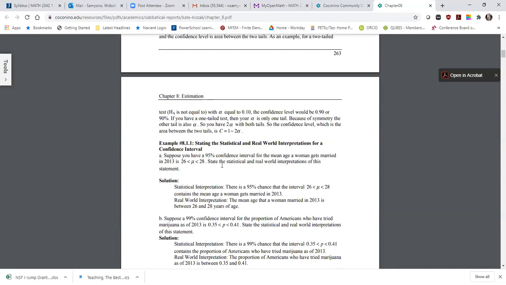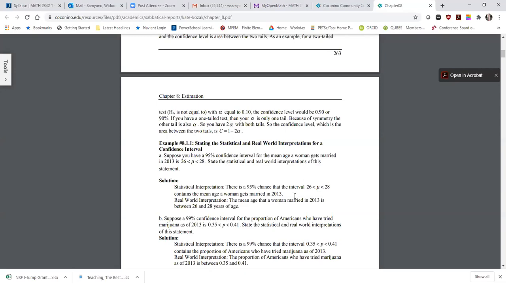Suppose you have a 95% confidence interval for the mean age of women getting married in 2013, from 26 up to 28, and state the statistical and the real world interpretation of the statement. The statistical interpretation will be there is a 95% chance that the interval contains the mean age of women getting married in 2013.